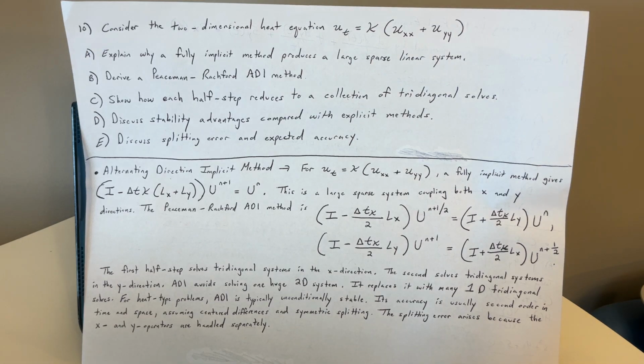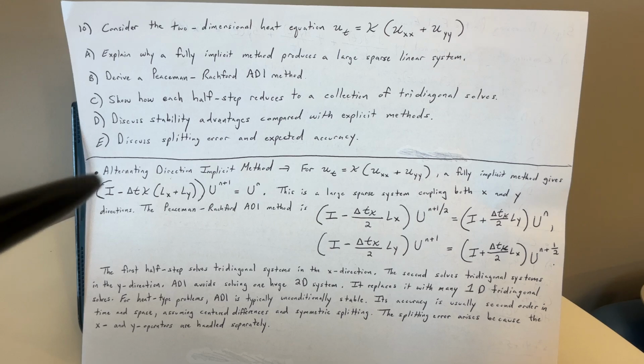A, explain why a fully implicit method produces a large, sparse linear system. Part B, derive a Peaceman-Rachford ADI method. Part C, show how each half step reduces to a collection of tridiagonal solves. Part D, discuss stability advantages compared with explicit methods. And Part E, discuss splitting error and expected accuracy.